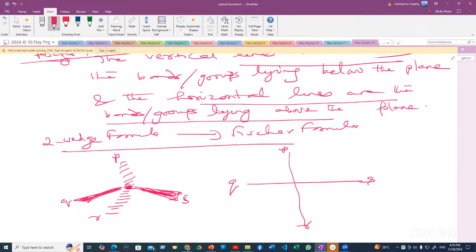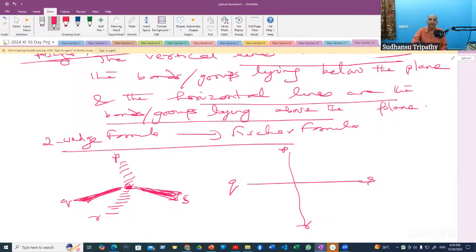Sir, showing the chiral center. Yeah. So this is a single chiral center, one chiral center connected to, I think we have written asymmetric carbon atom. We have defined it, right? Yes, sir.